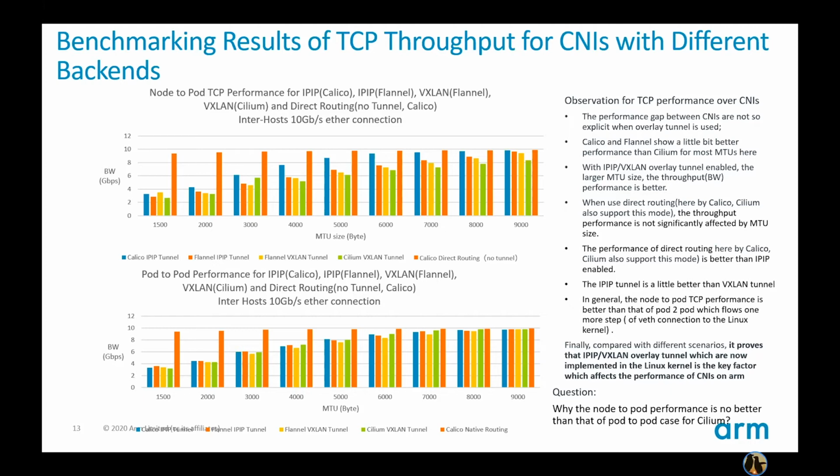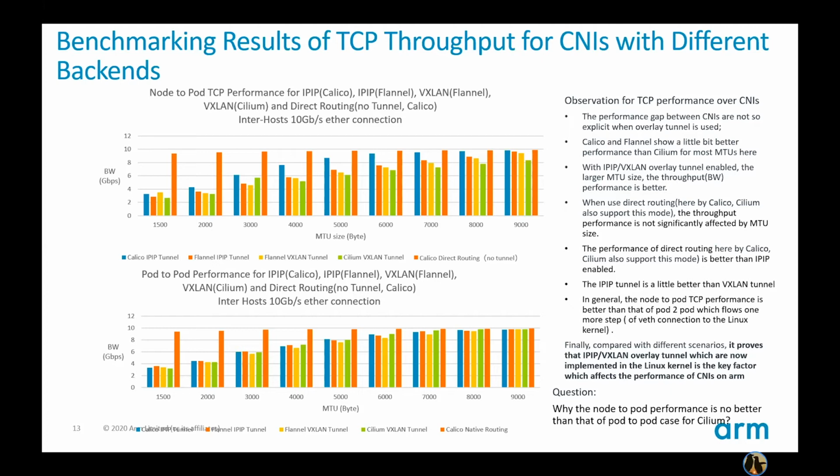In general, the node-to-pod TCP performance is better than that of pod-to-pod, which takes one more step because of the veth connection to the Linux kernel for the pod. Finally, comparing the different scenarios, it shows that the IPIP or VXLAN overlay tunnel, which is implemented in the Linux kernel, is a key factor which affects the performance of CNIs on ARM.